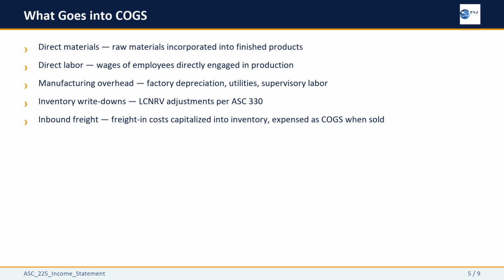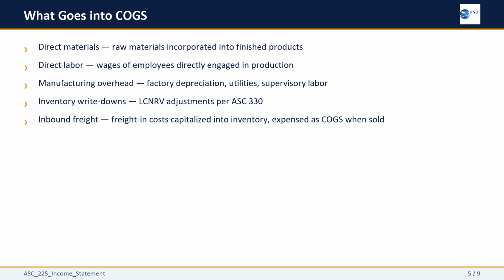Cost of goods sold represents everything it costs to produce what you actually sold this period. The three core components are direct materials, direct labor, and manufacturing overhead, factory-level costs that get absorbed into inventory, and then flow to COGS when the goods are sold. Two additional items often trip people up. First, inventory write-downs to the lower of cost or net realizable value.